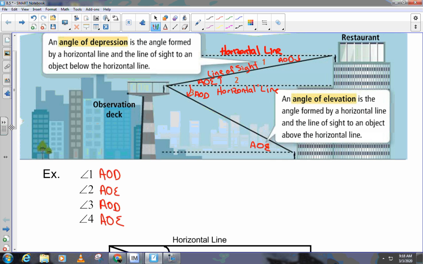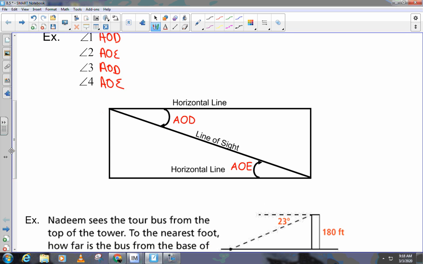Okay? All right, now these two angles have a relationship. One of them drops below a horizontal line, one of them rises up above a horizontal line. So I've drawn a little scale here, and what's true about horizontal lines? They're parallel, right? The line of sight acts as a transversal. So you've got horizontal lines, you have your line of sight, it acts as a transversal.